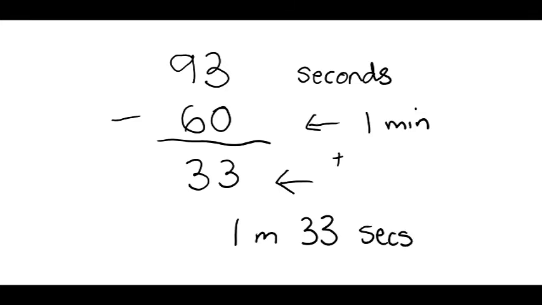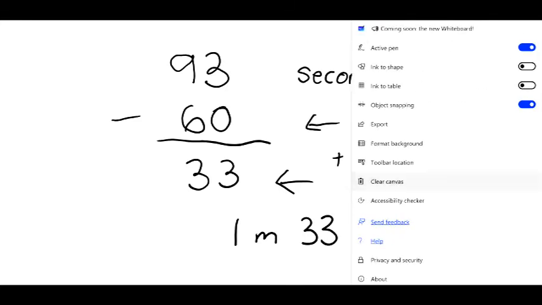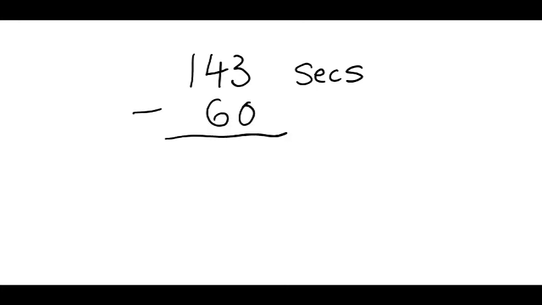Let's have a look at another one. I'm going to go for 143 seconds. So I've timed something, it's taken 143 seconds. I need to know what that is in minutes and seconds so it can make sense to me. So again, I'm going to do the same thing. I'm going to take away 60. That will leave me with 83 seconds.